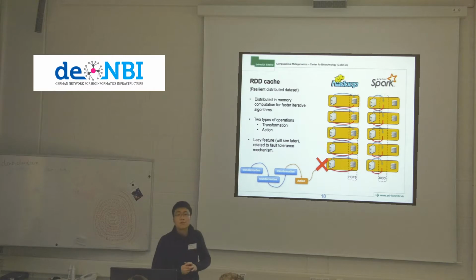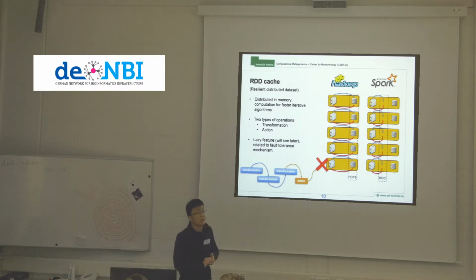And a distributed engine should usually have fault-tolerance mechanisms, because when you scale your cluster to more than 1,000 nodes, it's very likely that one of the nodes or processes gets disrupted or fails. So, as I have said, the RDD has a lot of interfaces and functions. You can implement your own methods.